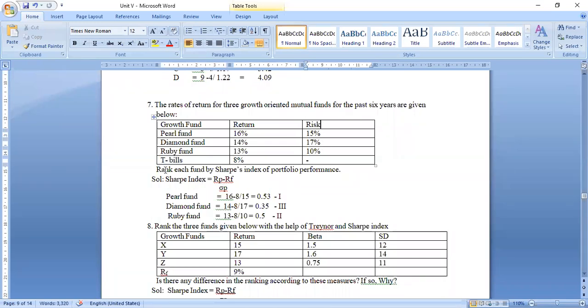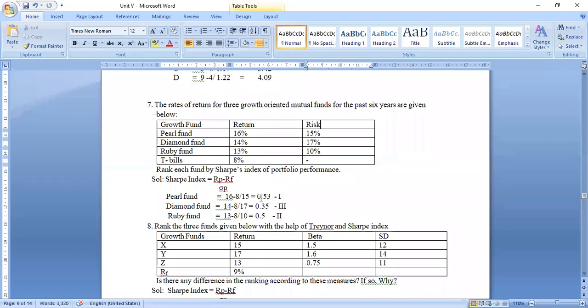And they have told us to rank each fund by Sharpe's index of portfolio performance. So here we just have to put the formula, insert the values, and rank the funds, where the highest value gets the first rank, and then subsequently the rest. So here RP minus RF divided by standard deviation of P. So for Pearl, RP is 16 minus treasury bills RF 8, divided by 15, the risk for Pearl fund.